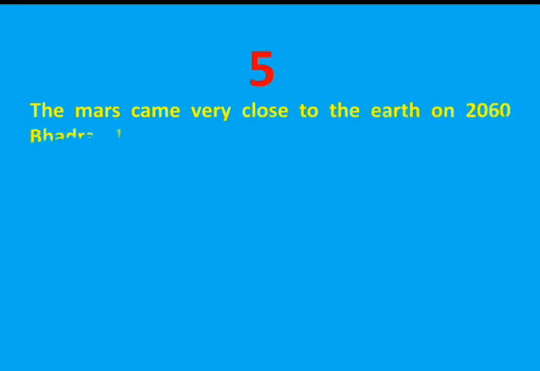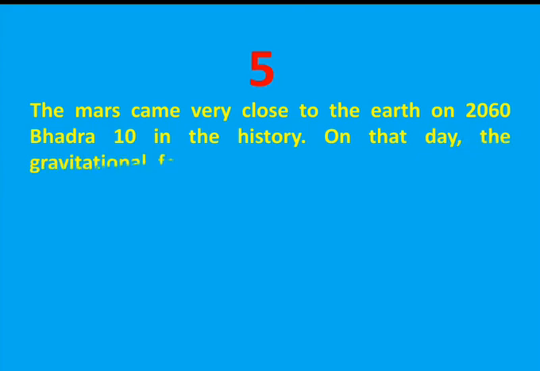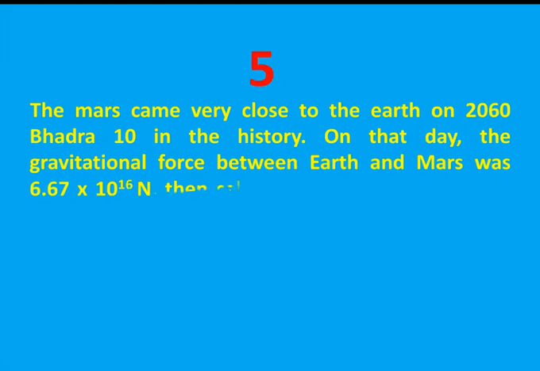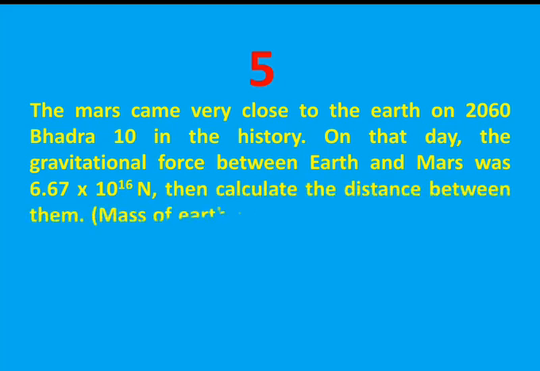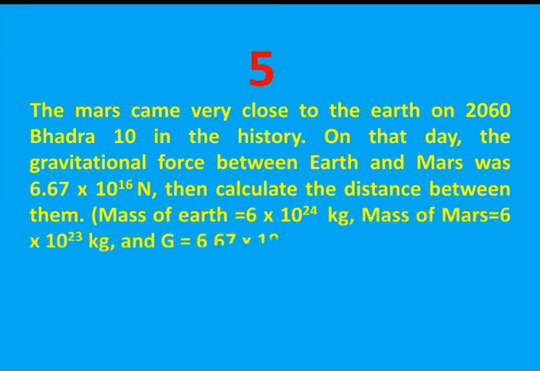Five. The Mars came very close to the Earth on 2060, February 10 in the history. On that day, the gravitational force between Earth and Mars was 6.67 × 10^16 Newton. Then calculate the distance between them.